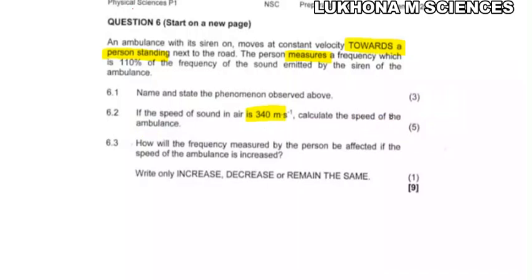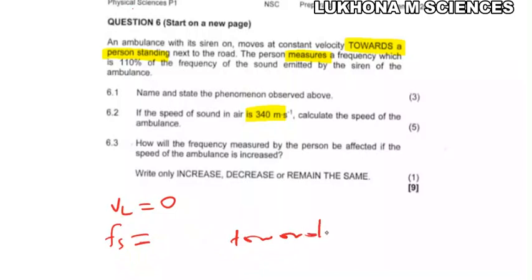What is happening here is that the sound source is moving at a constant velocity. The person standing is the listener, so the velocity of the listener is equal to 0. The sound source frequency Fs we don't know, but it is moving towards.